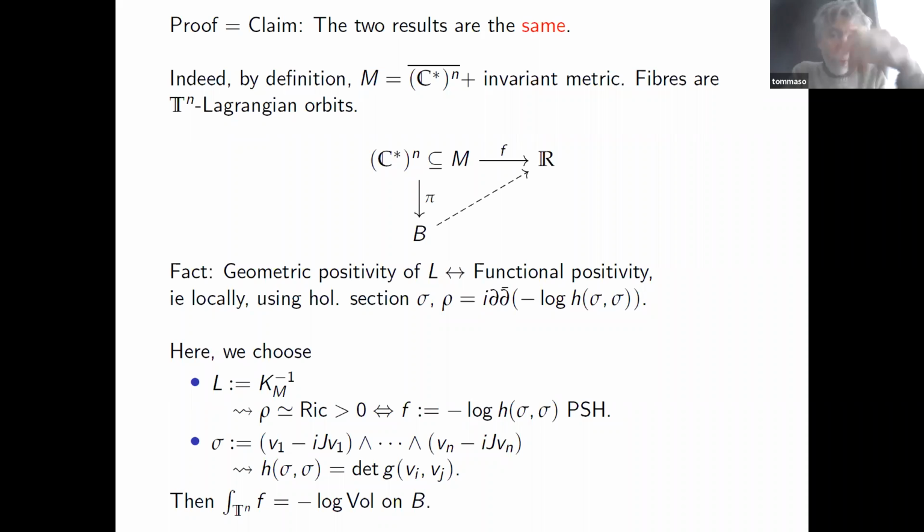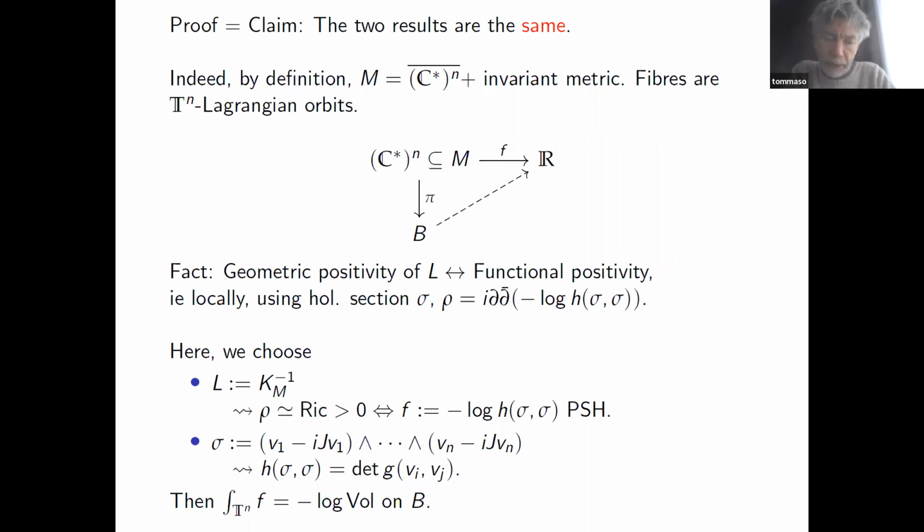Specifically, we can take a line bundle, and the geometric positivity of its curvature can be related to functional positivity, because you can generate a potential function for the curvature form by measuring the length of a holomorphic section. And then the curvature will be positive if and only if the potential function is plurisubharmonic.